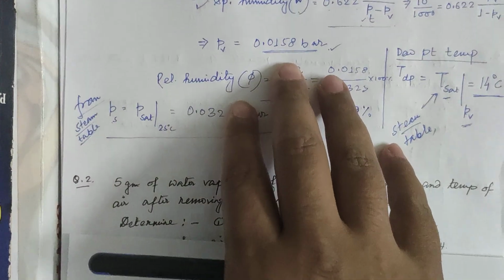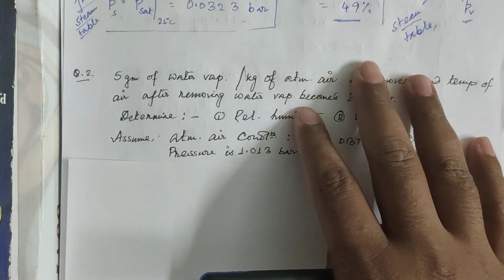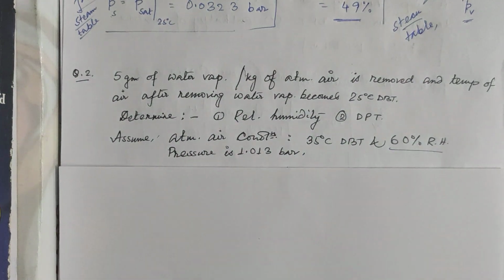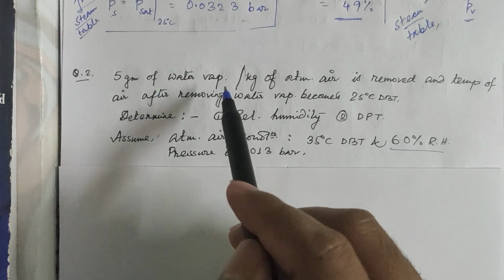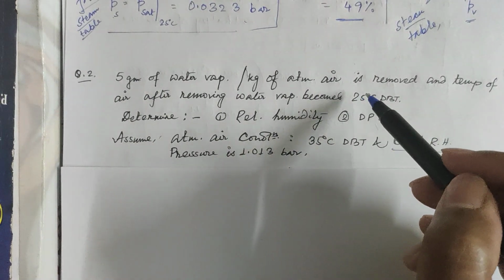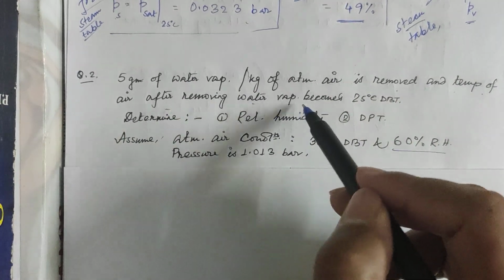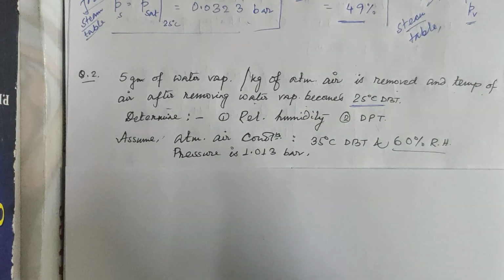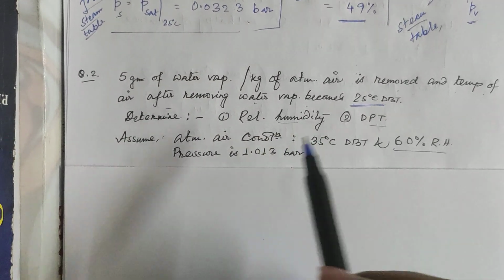Now for the next problem, problem number 2. What is given? The statement is that 5 gram of water vapor per kg of atmospheric air is removed, and the temperature of the air after removing the water vapor becomes 25 degrees centigrade. You have to find the relative humidity and dew point temperature.